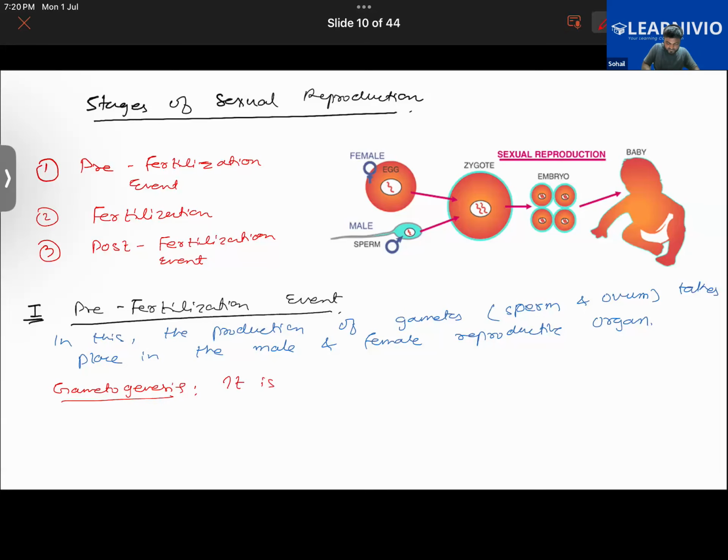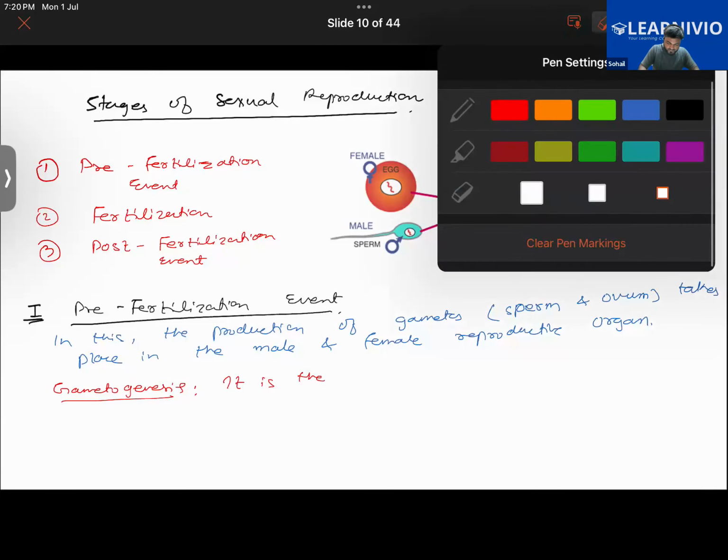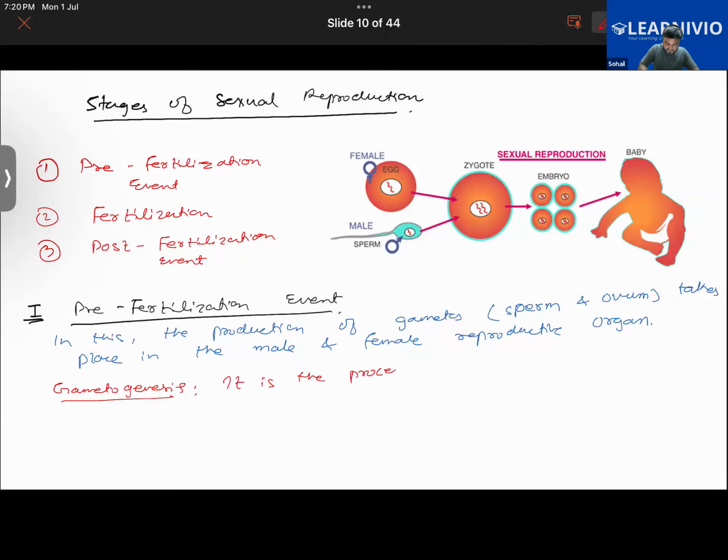So it is the formation, or simply speaking, it is the process of formation of male and female gamete cells. So it is basically a term, right? It's the process of formation of male and female gamete cells.